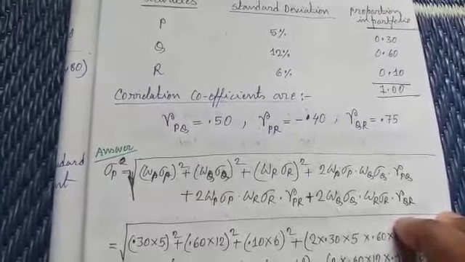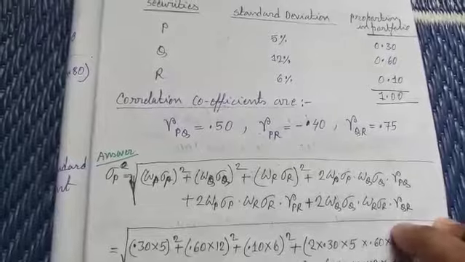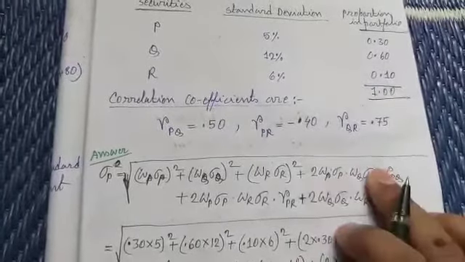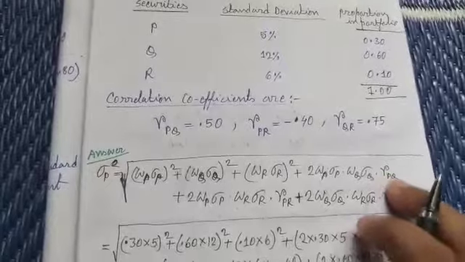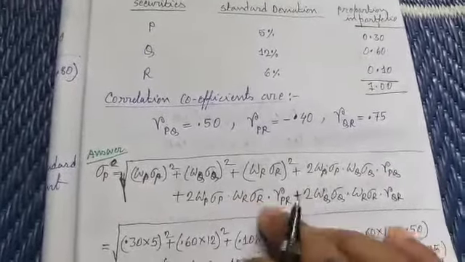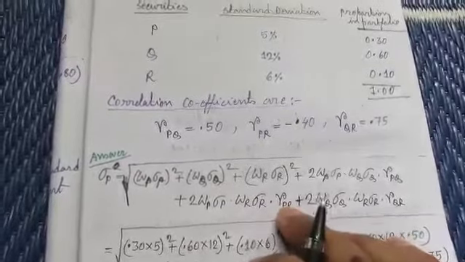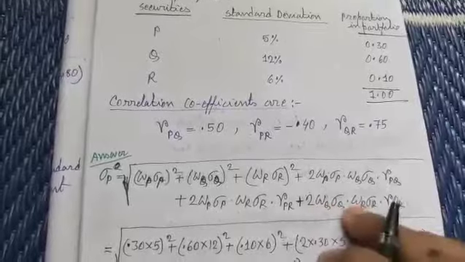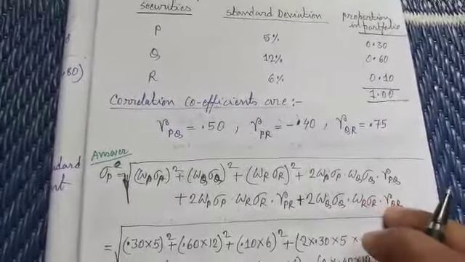2PQ, 2PR and 2QR. With PQ, the correlation coefficient between P and Q is to be attached. With PR, the correlation coefficient of P and R is to be attached, and with 2QR, the correlation coefficient of Q and R is to be attached.